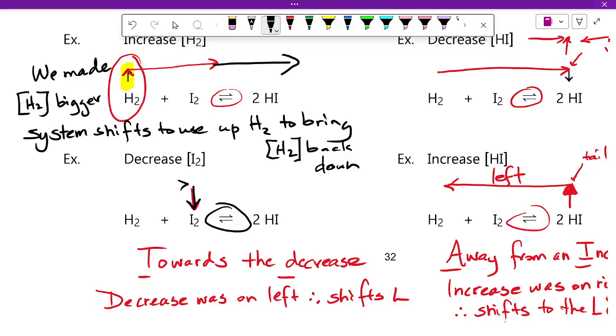It must pass over the equilibrium arrow. That was a good question. It just took me a minute to figure it out. Okay, very good.